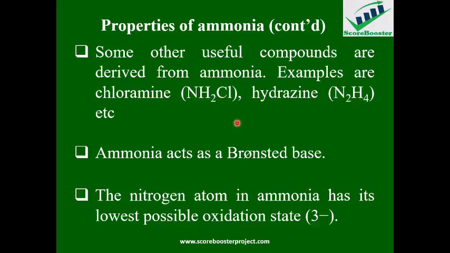But most of the time, ammonia acts as a Bronsted base. A Bronsted base is a proton acceptor. It is because of the lone pair of electrons on the nitrogen. So nitrogen is almost always ready to accept a proton from other compounds, from other substances. That is why it is acting as a Bronsted base, because Bronsted defines a base as a proton acceptor.